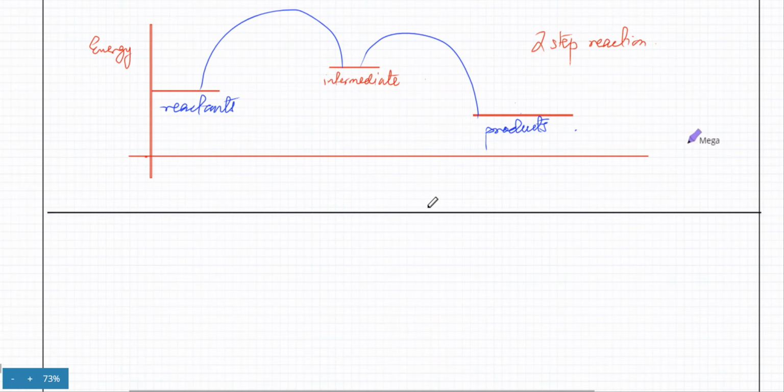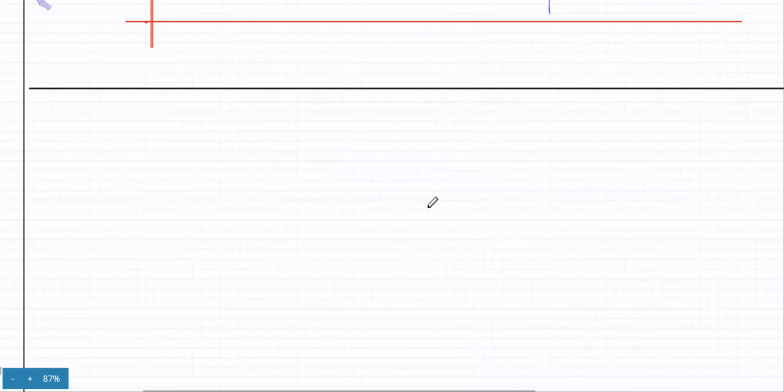Okay, so the second one, what's the second reaction? We did bromination. The second one is known as hydration. Now, what happens in hydration of alkenes?